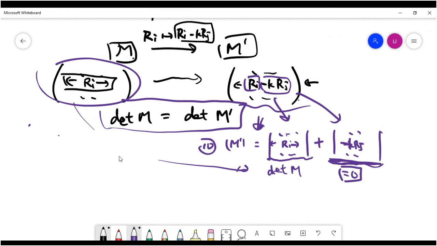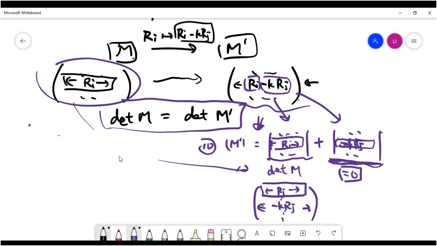So this second matrix must have determinant 0 because this row should be in the position for row I. But this row J means that somewhere above or below there must be a row J, right? It means you have a row J originally and there's another row, row I, which you changed by this term, minus k times row J. So now you have a matrix like this.